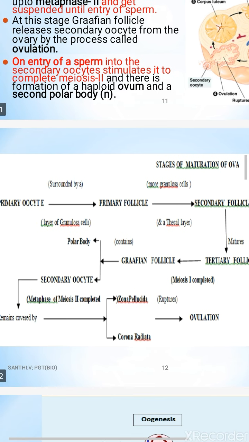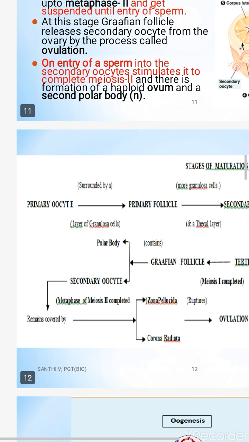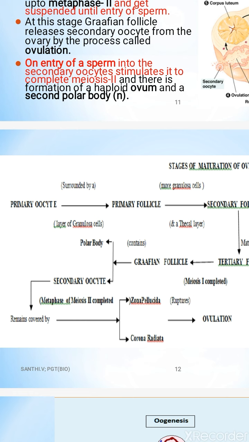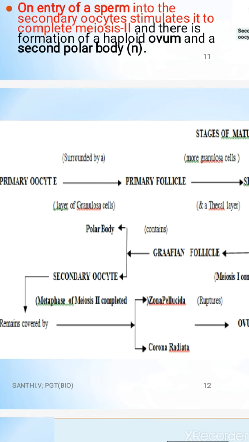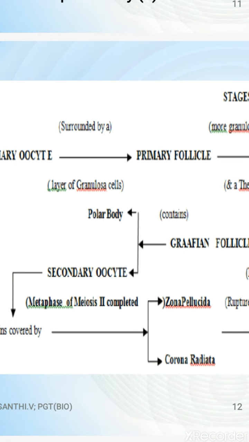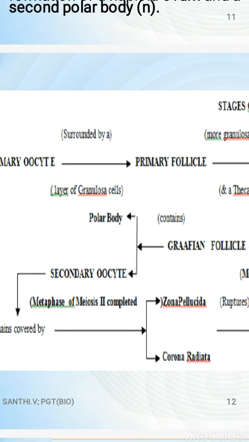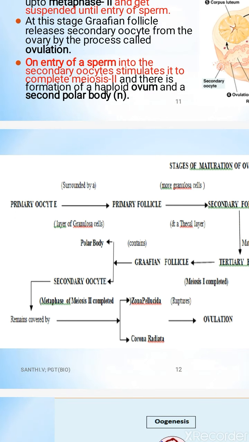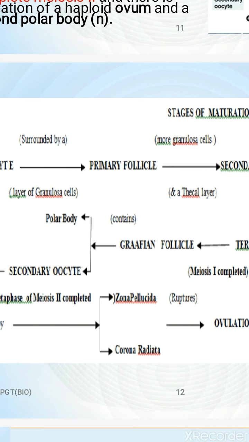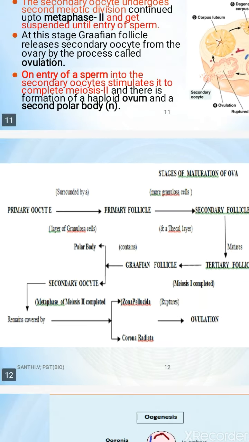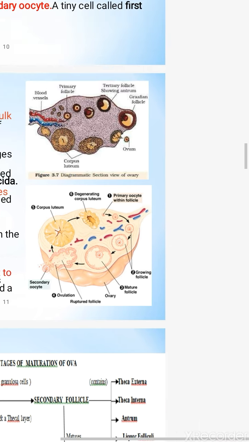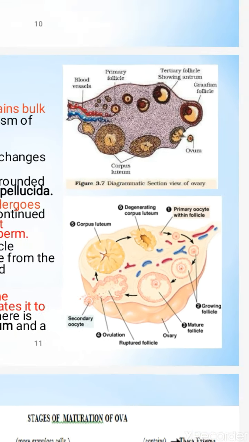Now meiosis 1 is completed, and the Graafian follicle contains the secondary oocyte, and the polar body is released. At metaphase 2 it will be stopped. In this stage it has the layers zona pellucida and corona radiata surrounding the ovum, and during that condition it ruptures. That you call ovulation, the liberation of ovum.